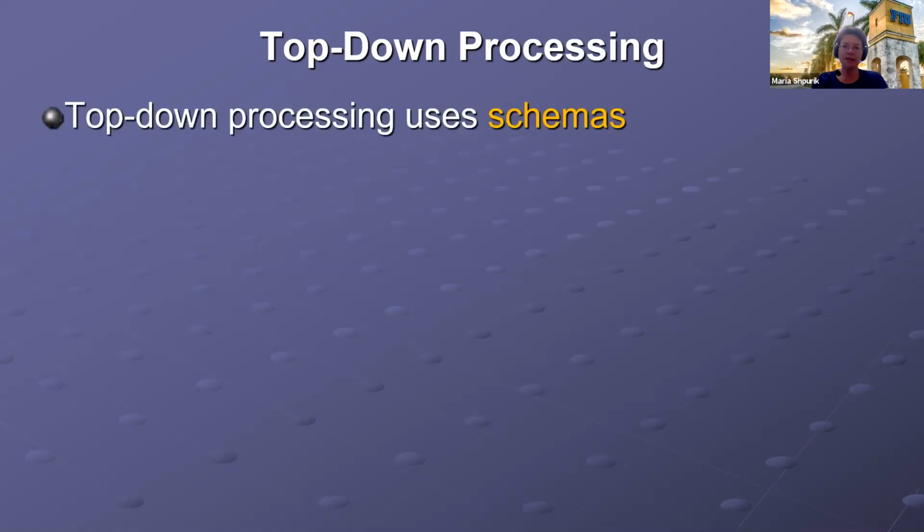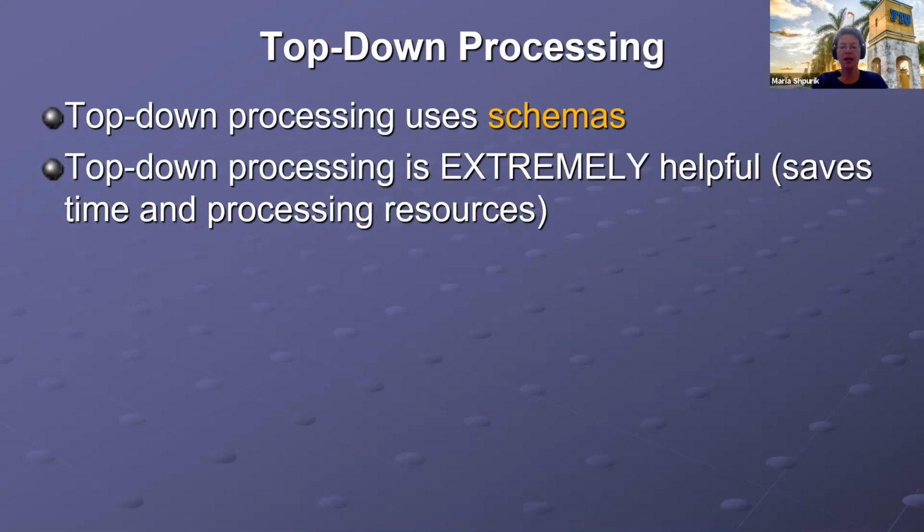So top-down processing, that's like the well from which top-down processing gets its energy. Kind of. So top-down processing is extremely helpful, just like schemas are extremely helpful. They help us save time and processing resources, because remember, we have a finite amount of attention and mental capacity at any given time, right? So how we use it is tremendously important.